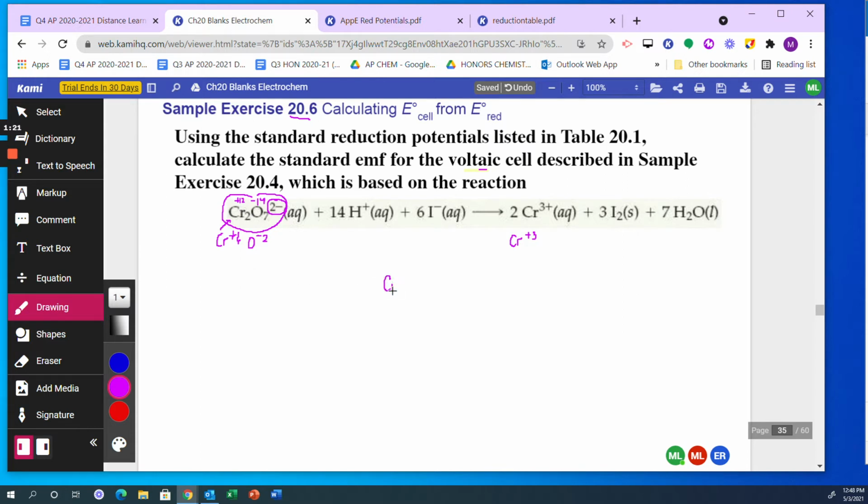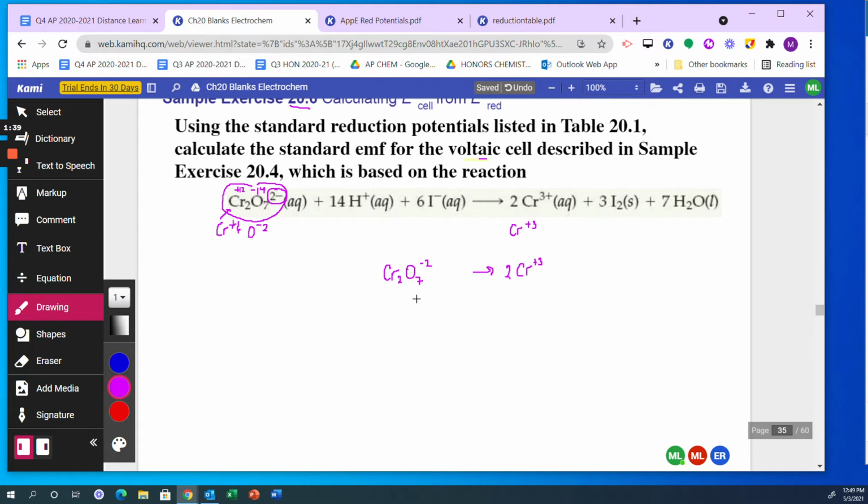So chromium, Cr2O7 2-, arrow, 2 Cr3+. Okay, so what I'm going to do next is just balance the atoms here. You have 2 chromiums.